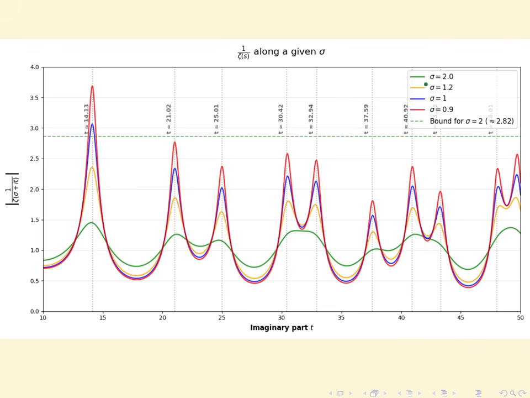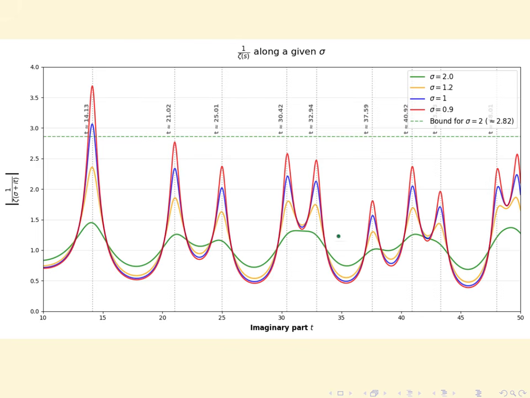On the other hand, if sigma is any fixed number greater than 1, then the graph is bounded. So if sigma is greater than 2, remember that this thing is bounded by approximately 2.82. And that's approximately 1 over 0.35 because the absolute value of zeta of 2 plus it is at least 0.35.